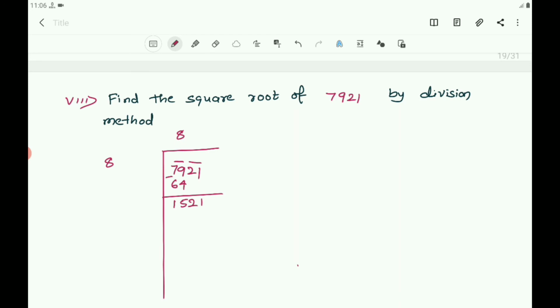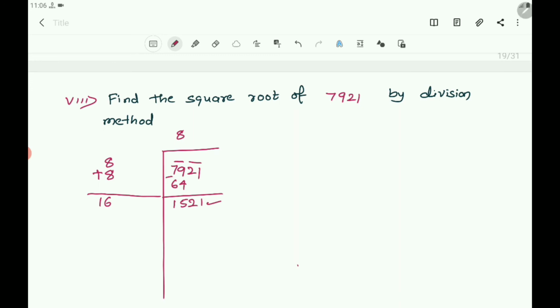Now you add 8, or you double it: 8 plus 8 becomes 16. Double of 8 is 16. Now you take some digit in front of 16 and multiply that number by the same digit. Try to get 1521, as 7921 is a perfect square.